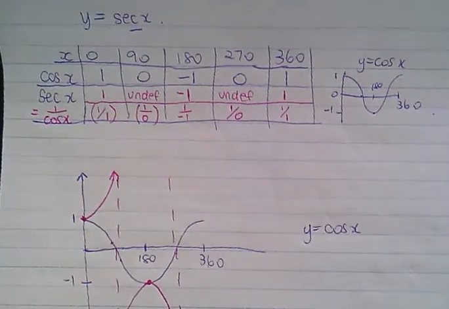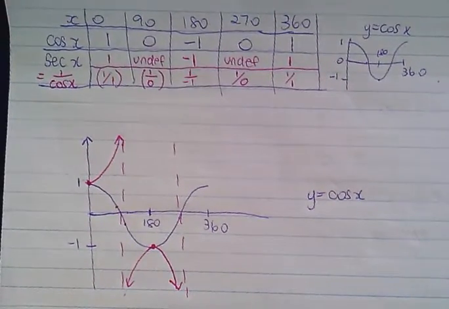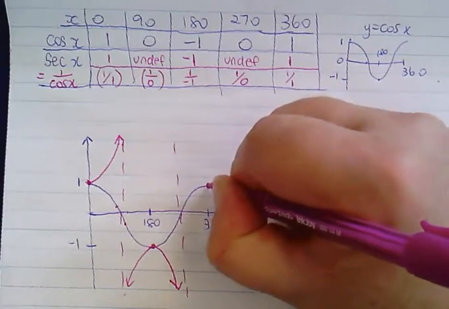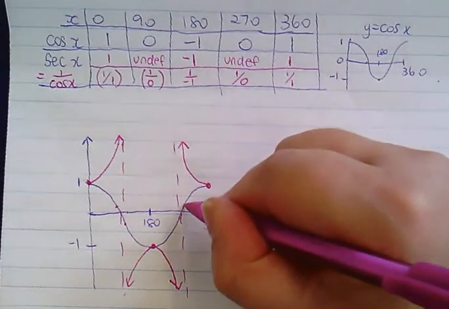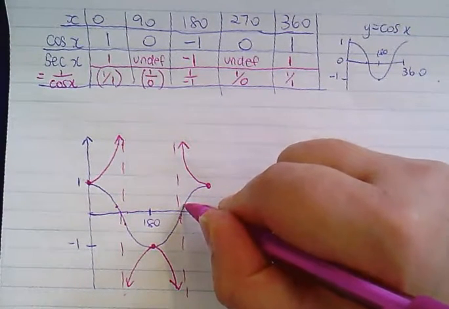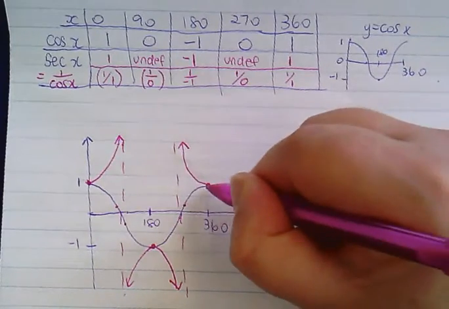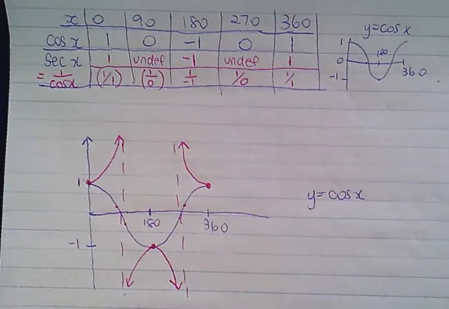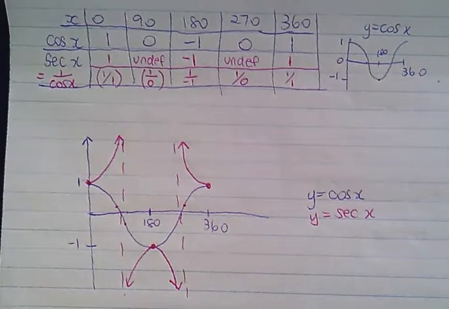So I'm drawing the sec graph in pink. And here again, we're bouncing off the cos curve, because here I'm back in quadrant 4, it's 1 divided by this value, because it's 1 divided by cos. That's like 1 divided by 0.1 is 10. Can you see? 1 divided by 1 is 1. So the sec graph is in pink.